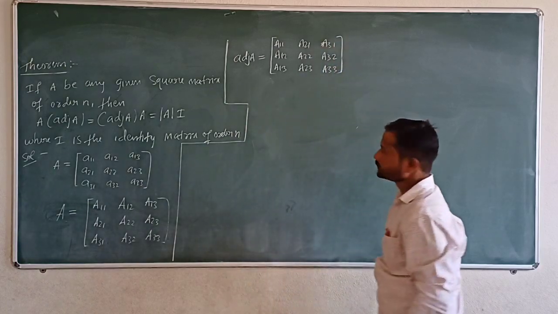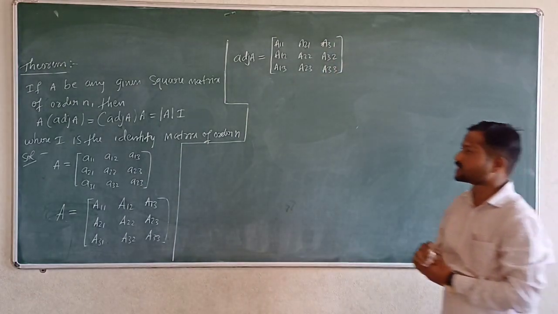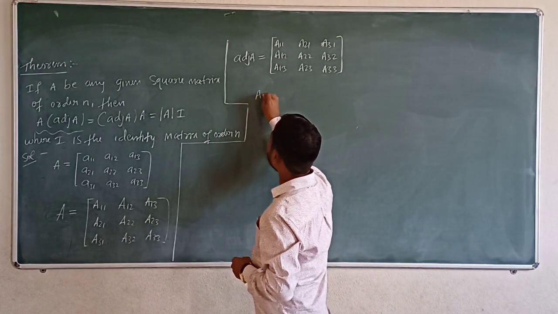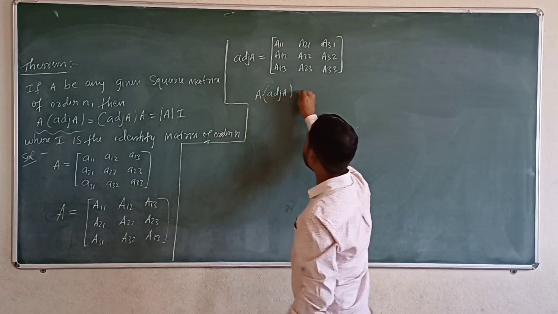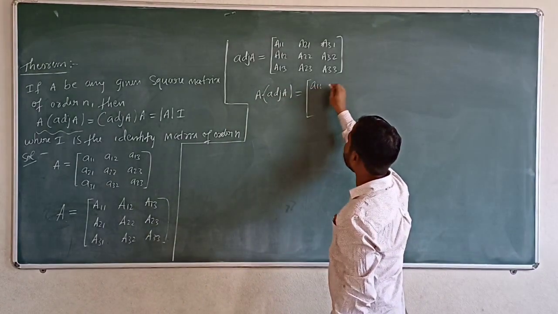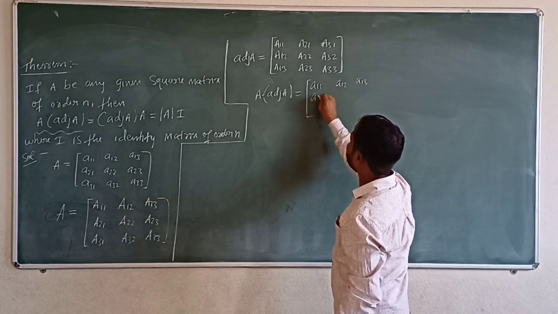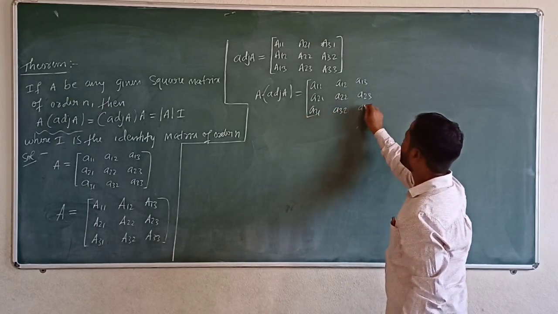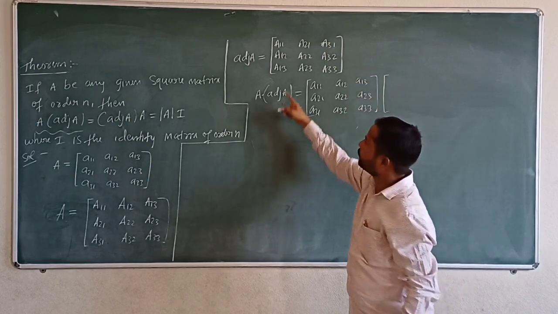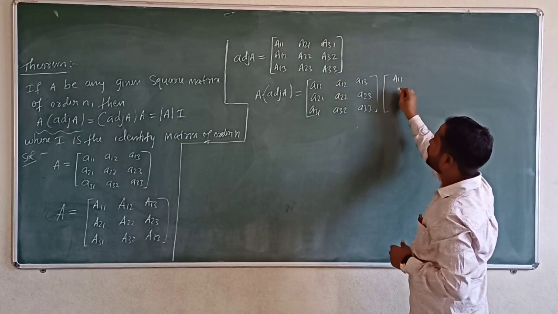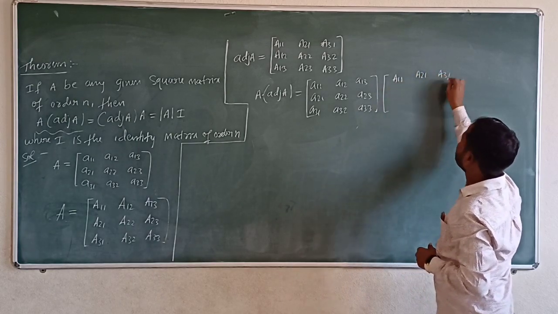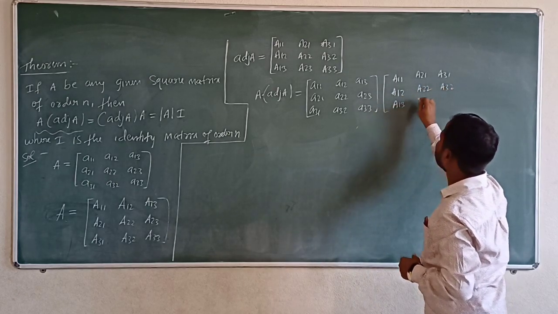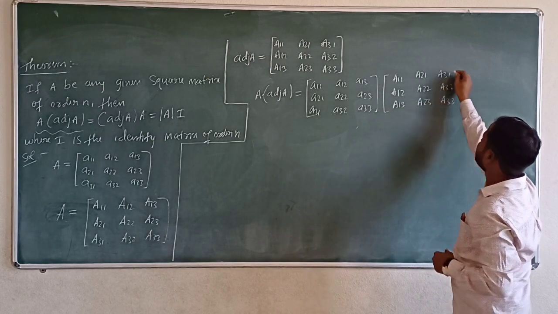Now the adjoint of matrix A is done. Take up the first point, that is A into adjoint of A. The given matrix A is A11, A12, A13, A21, A22, A23, A31, A32, A33, into adjoint of A, that is A11, A21, A31, A12, A22, A32, A13, A23, A33.